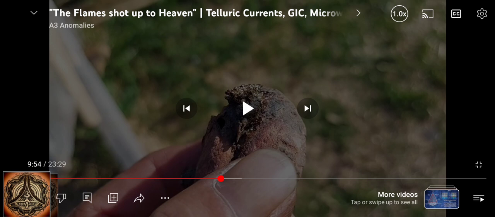The flames shoot up to heaven. Telluric currents, GIC, geomagnetically induced currents. And that's just one of the experiments I made. I will put a link below. You can watch the whole video, but just about the nuclear storage facility.